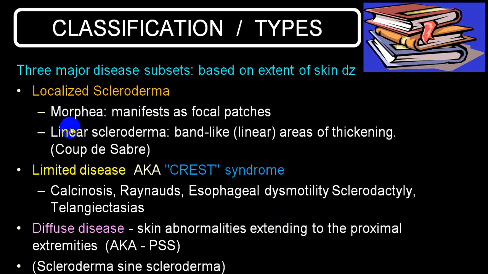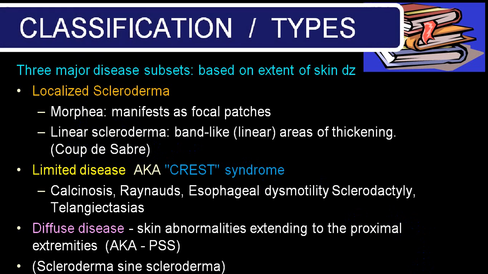And if it involves a band-like linear area of thickening, then it is called linear scleroderma or coup de sabre. These are the two common varieties which are being included. There are others also which are included in localized scleroderma. As we go on, we'll be mentioning some of those.